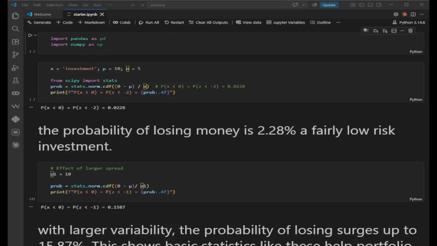Portfolio managers will benefit greatly if armed with statistics knowledge, because statistics is applicable everywhere.